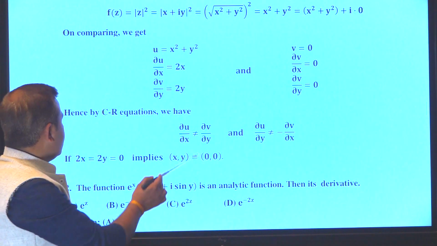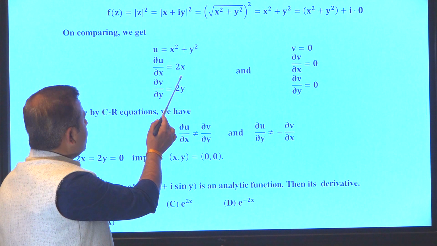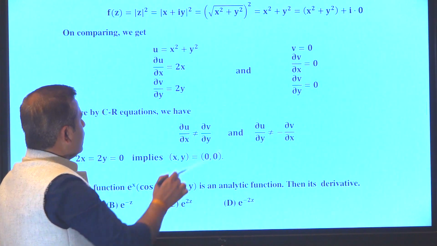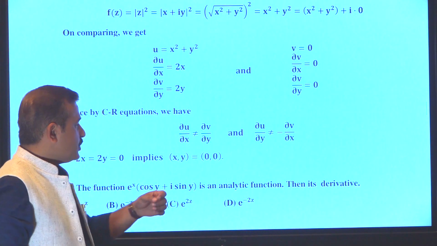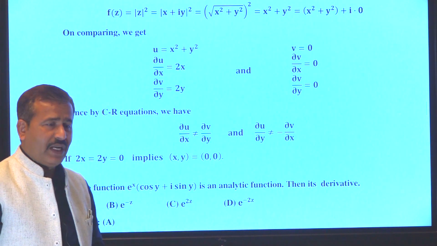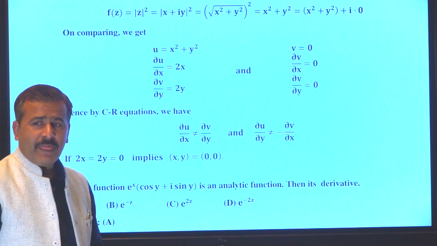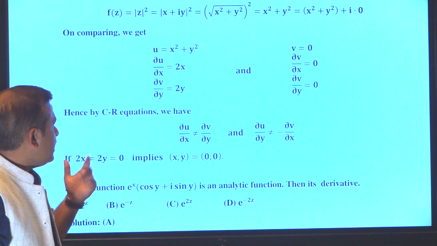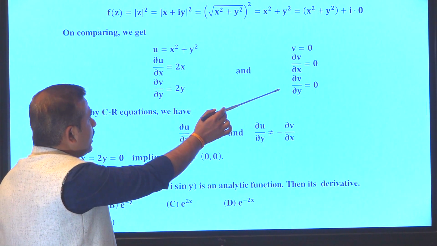Now see, what is actually the CR equation: del u upon del x equal to del v upon del y, and del u upon del y equal to minus del v upon del x. But here what we have seen, del u upon del x is 2x, but del v upon del y is 0.